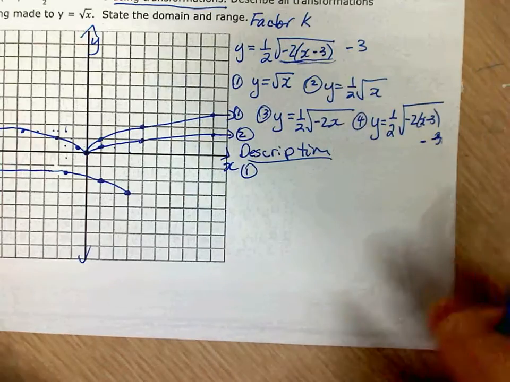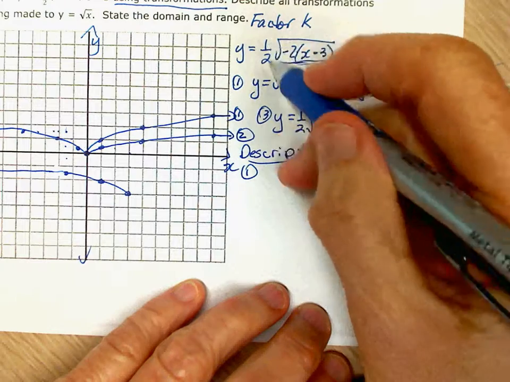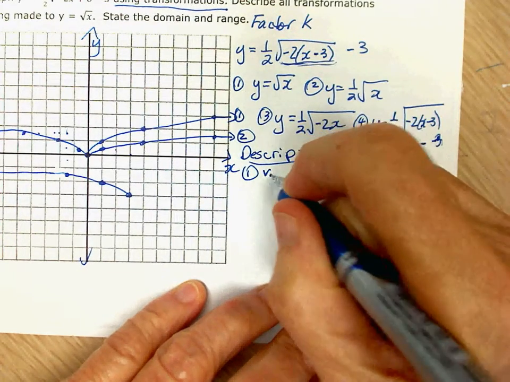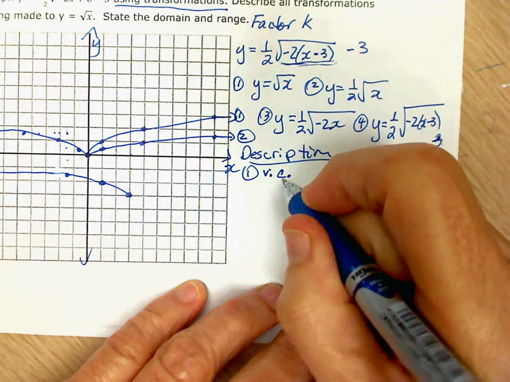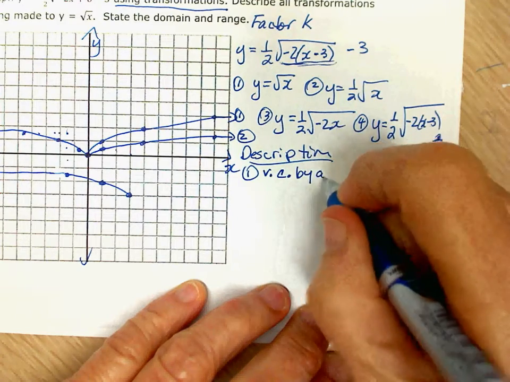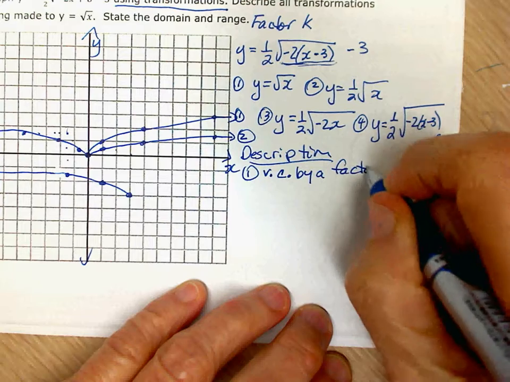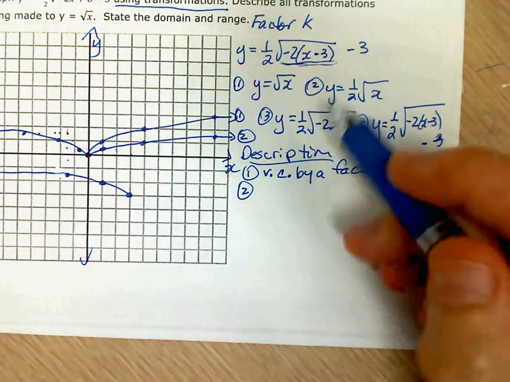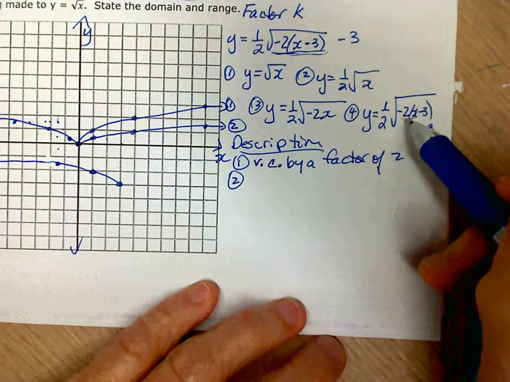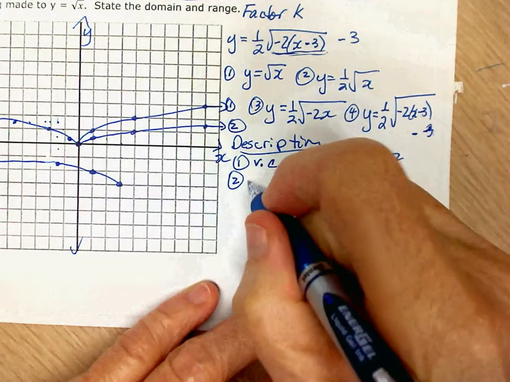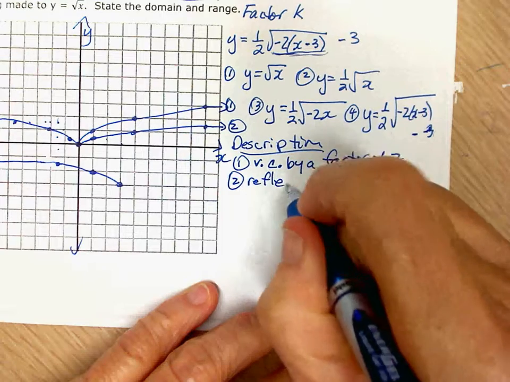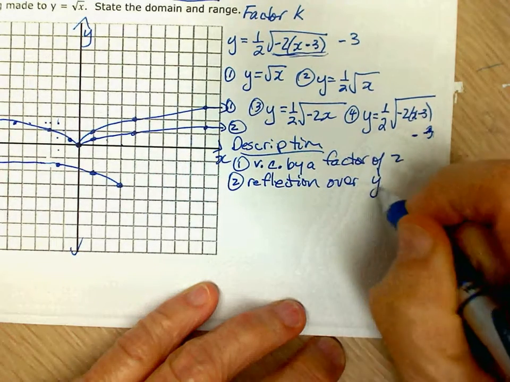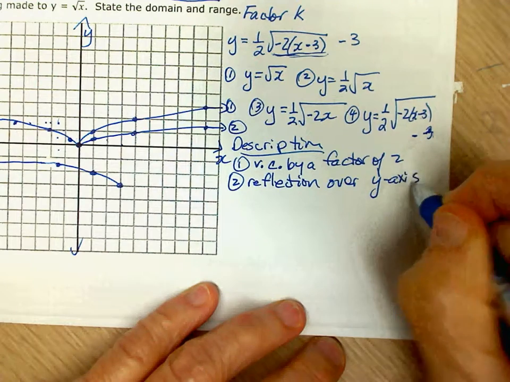Number 1. Vertical compression by a factor of 2. Number 2. Reflection over y-axis. Three.